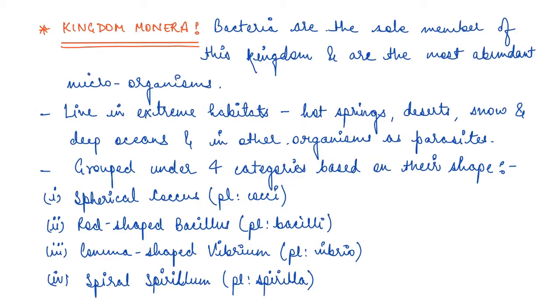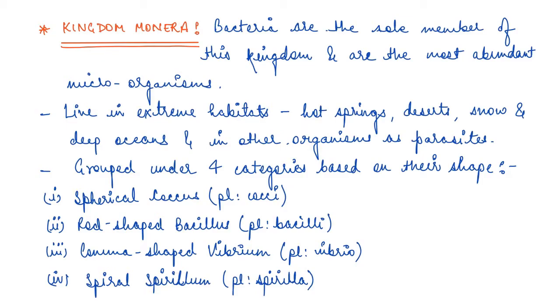They live in extreme habitats. They can survive in hot springs, deserts, snows, deep oceans, and in other organisms as parasites. We have a lot of bacteria as parasites in humans as well.